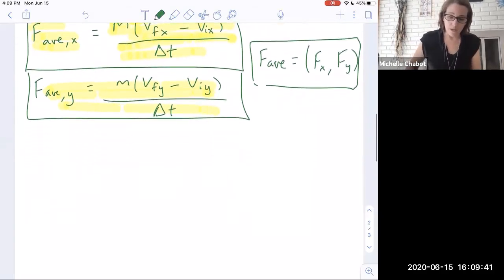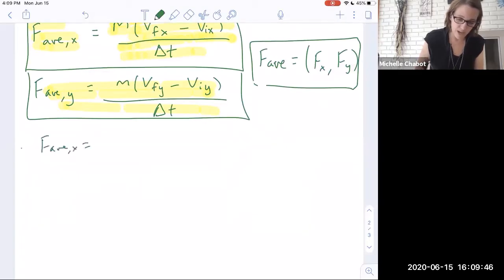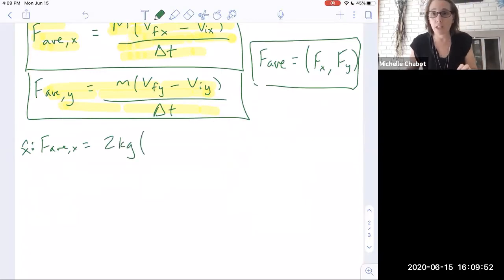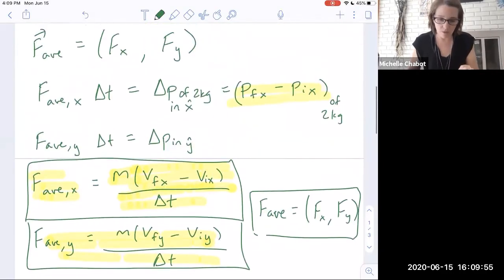So the mass in question for the x direction, for both of them, would be 2 kilograms. And then for the x direction, v final x, so the x component of the final velocity.